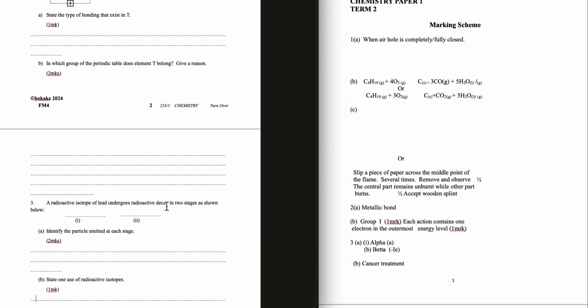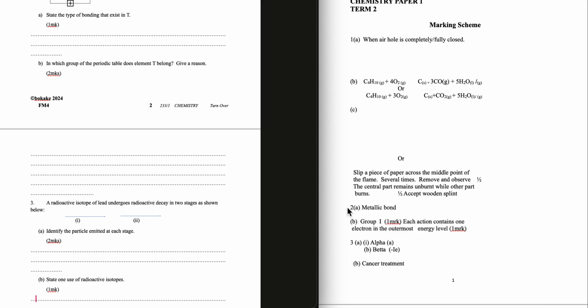Question 2b. In which group of the periodic table does element T belong? Give a reason. Group 1. Each atom contains one electron in the outermost energy level.